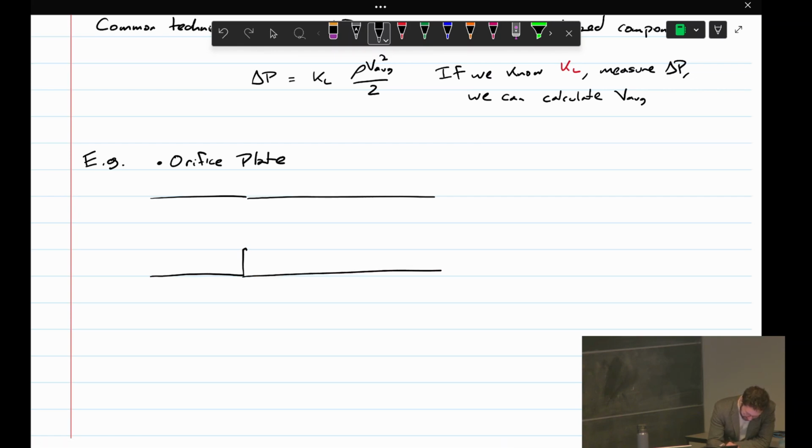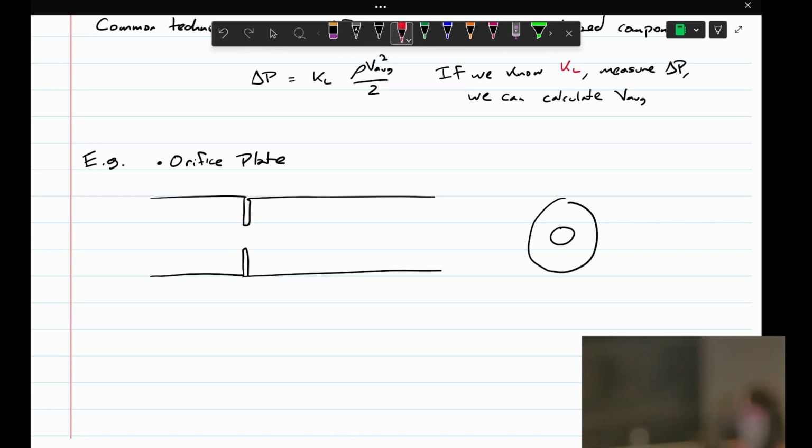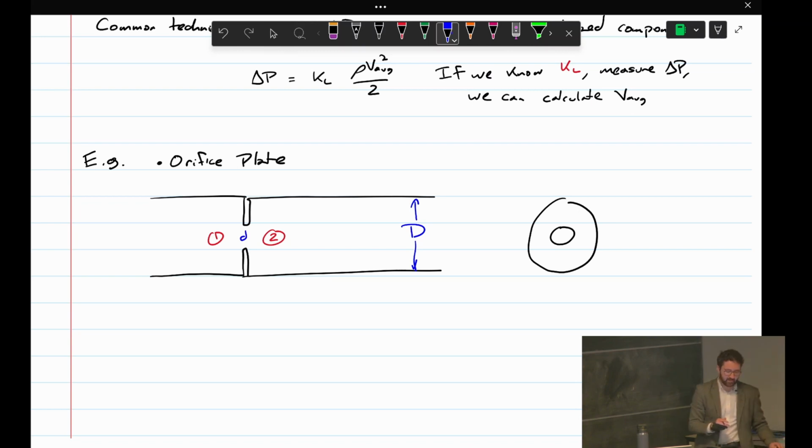That's kind of a side view, but the front view is just a plate with a hole in the middle of it that you stick in the pipe, and then you measure the pressure here and here. So the pipe has some diameter D, and the orifice plate has a smaller diameter d there.